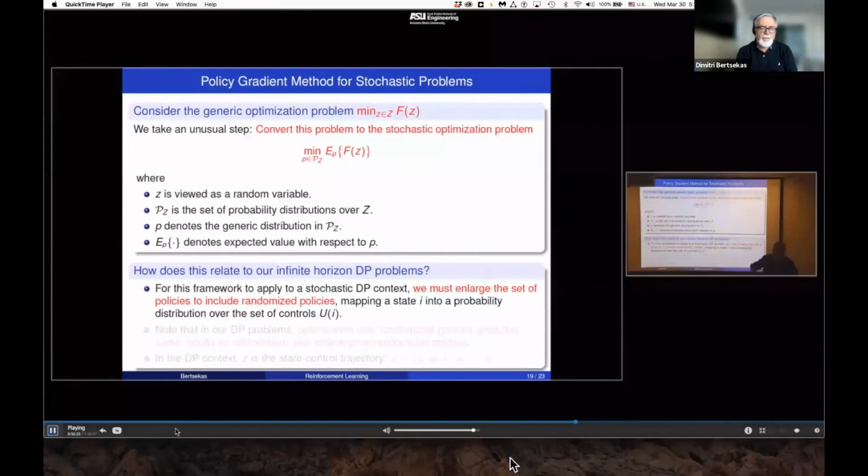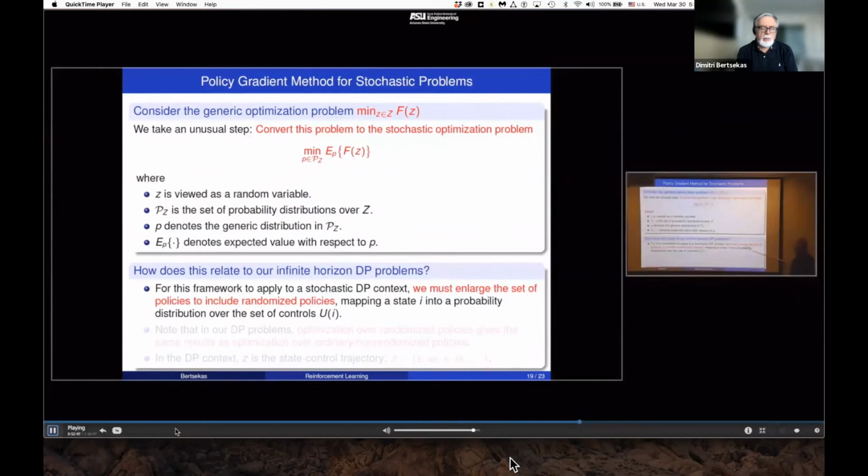At every state, you apply a single control. Now we are going to expand this framework to consider randomized policies, whereby at a given state, we don't have a single control that we apply, but we have a probability distribution of controls, and we choose by flipping a coin with respect to that distribution.